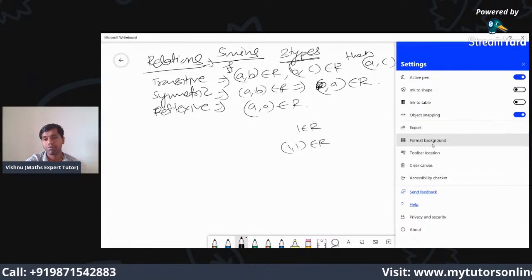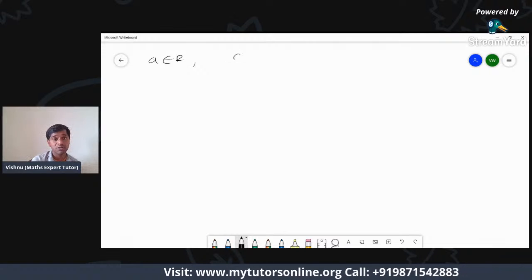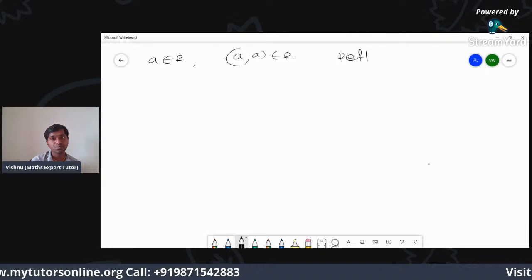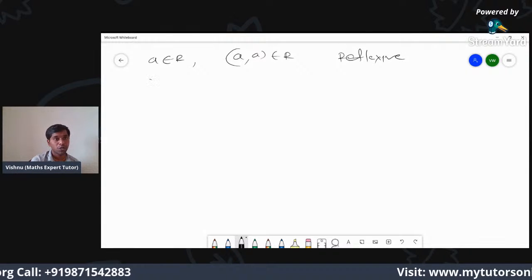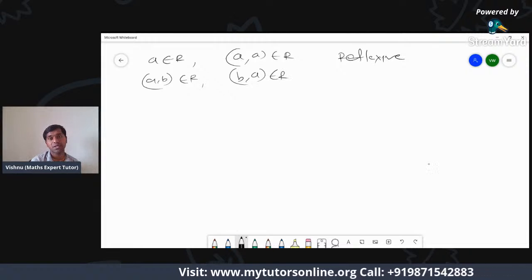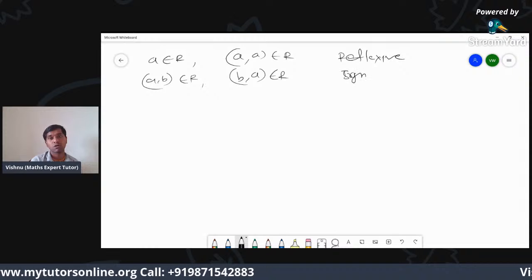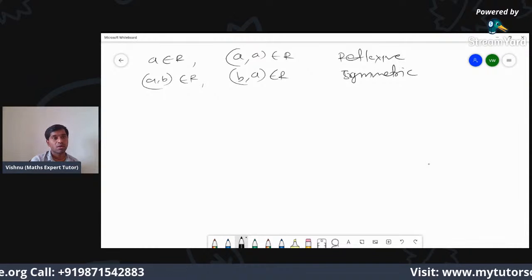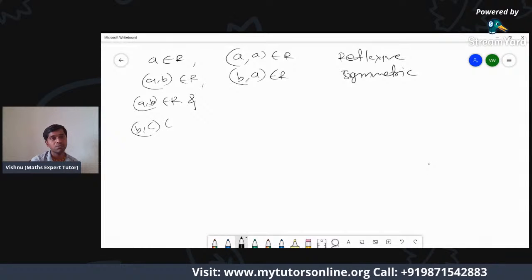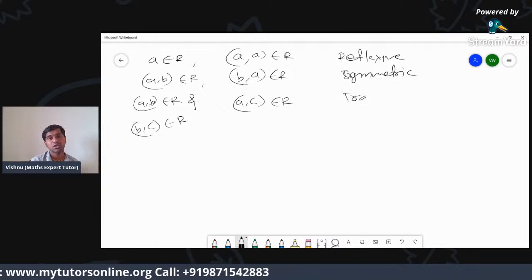So to say that if a belongs to R then (a, a) belongs to R is reflexive. (a, b) belongs to R and (b, a) belongs to R is nothing but symmetric. (a, b) belongs to R and (b, c) belongs to R, then (a, c) belongs to R is transitive.